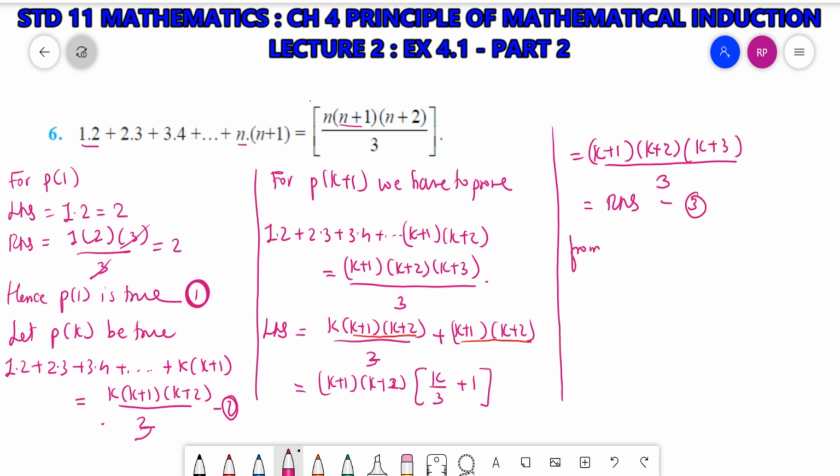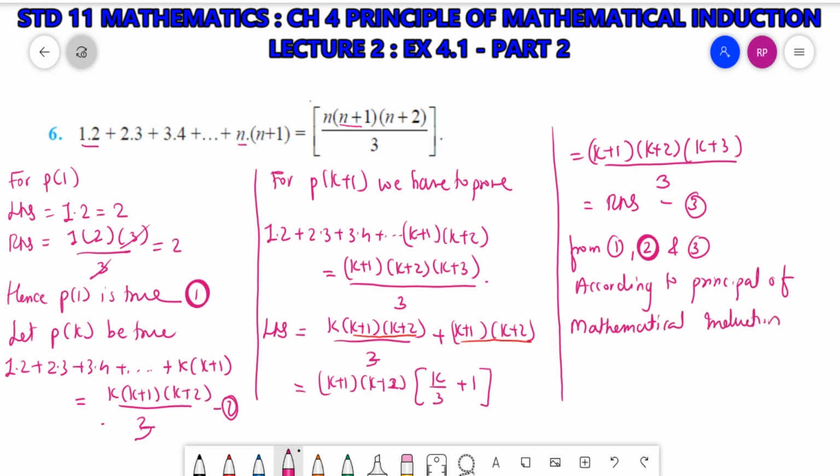So from 1, 2, and 3, according to principle of mathematical induction, P of n is true for every n belonging to N. Clear?